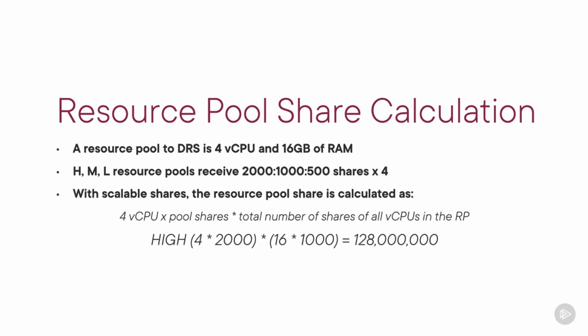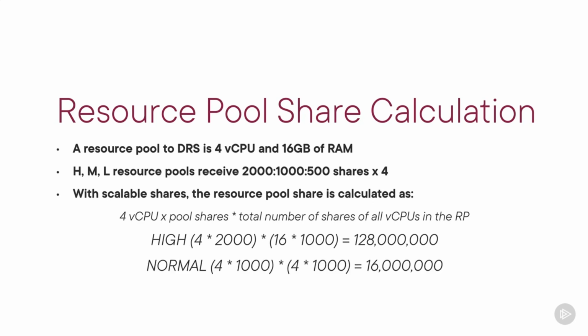So our high resource pool would be calculated as 4 vCPUs times 2,000, because it's the high resource pool, multiplied by 16, which in this case is the 16 virtual machines in the resource pool times 1,000, assuming each one of them just has a single vCPU, would equal 128 million shares for the 16 virtual machines in the resource pool.